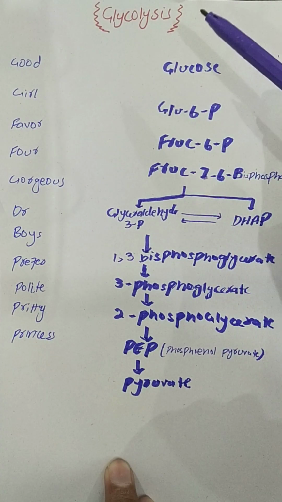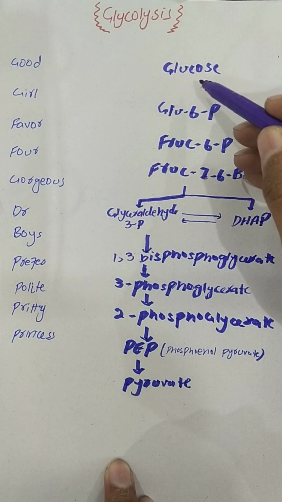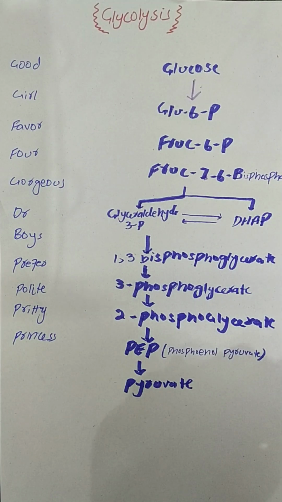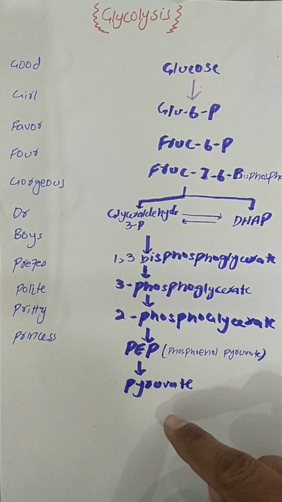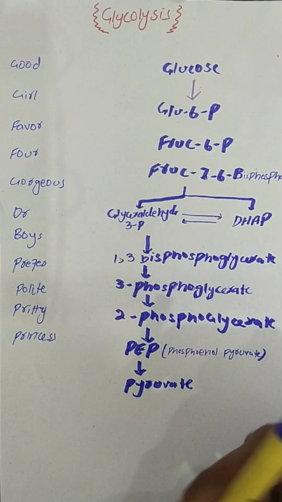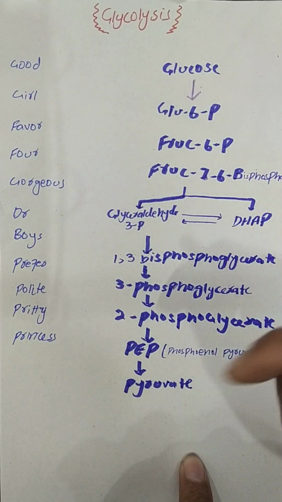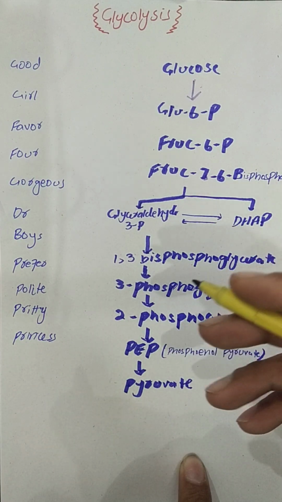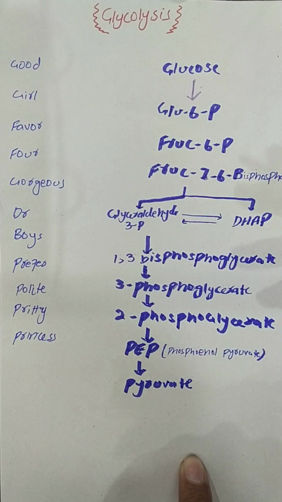So we have the glycolysis process which starts from glucose. Why does glycolysis occur? Look, we have glucose and we want energy from this glucose, and this process is the way by which we can degrade the glucose to get pyruvate, which is the end product of glycolysis. In this process we get ATP, and also we get NADH, which further gives 3 ATP from the electron transport chain.